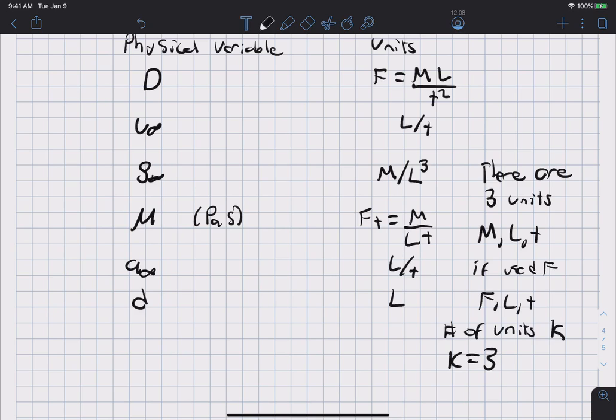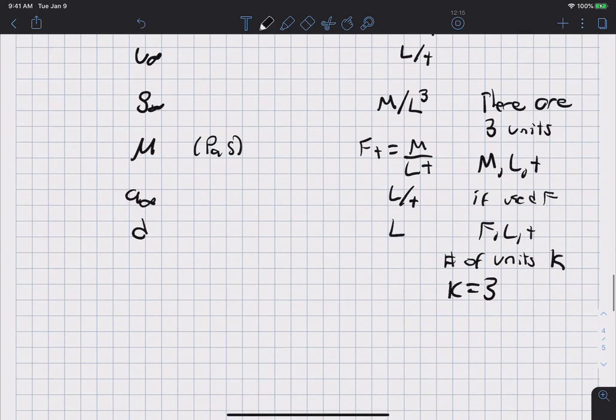Usually equals K. And so for this example, K is equal to 3.